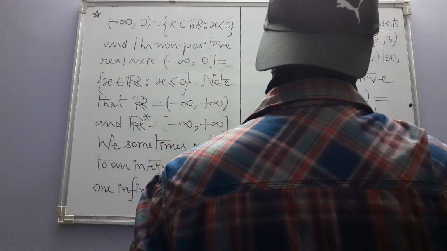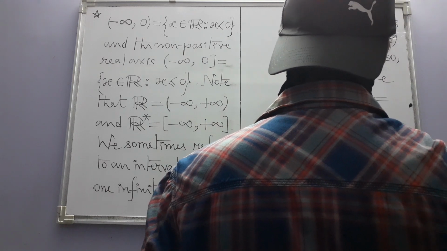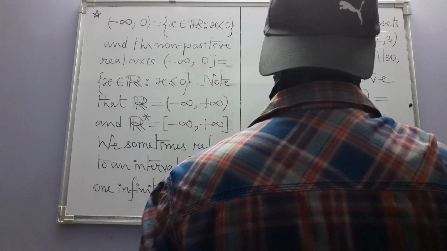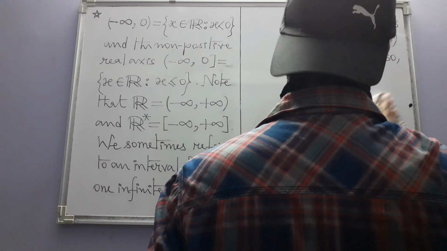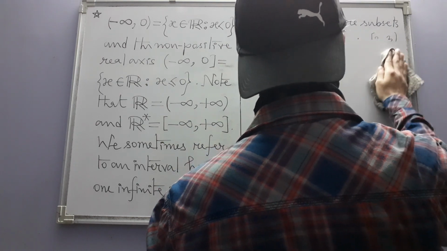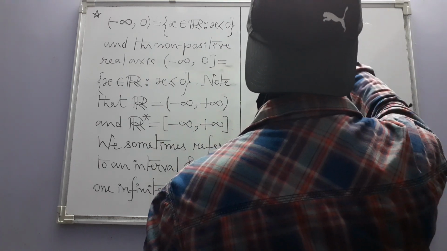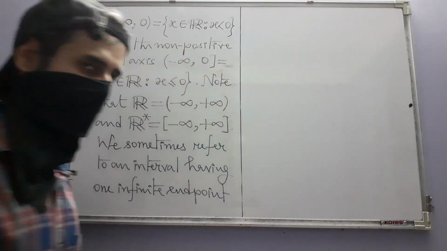When you use that term, it should be understood that the interval in question has one endpoint which is not a real number. It can be plus infinity, it can be minus infinity, and the other endpoint is a real number.